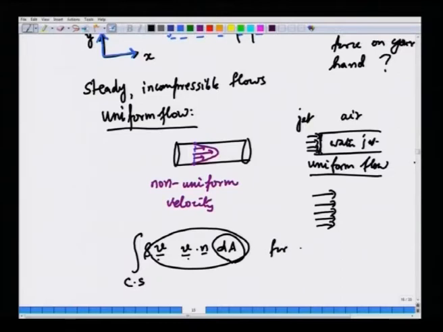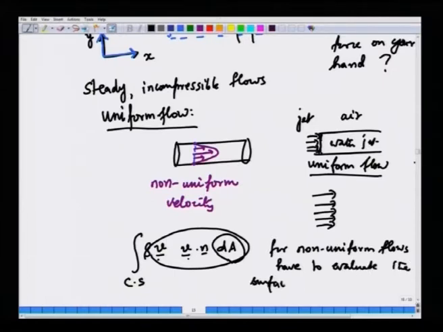For non-uniform flows, you have to evaluate the surface integral at inlets and at outlets.